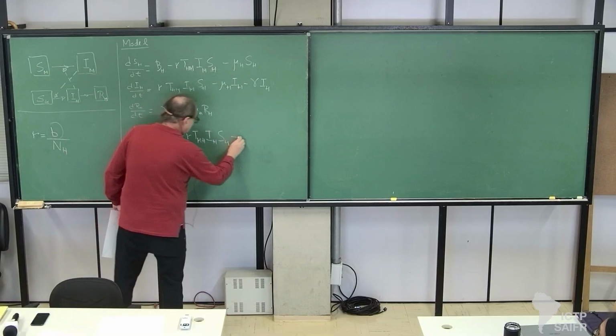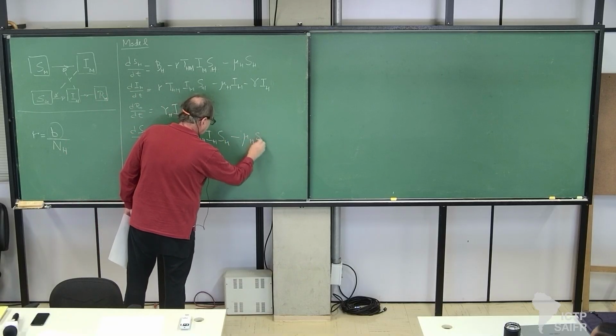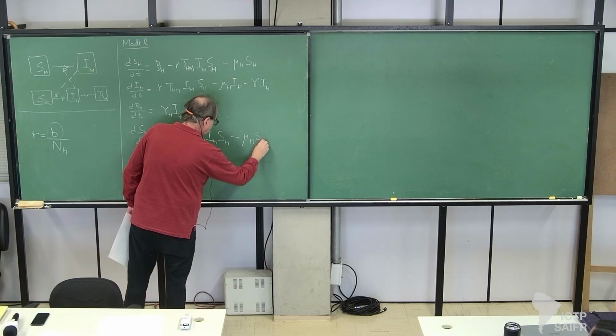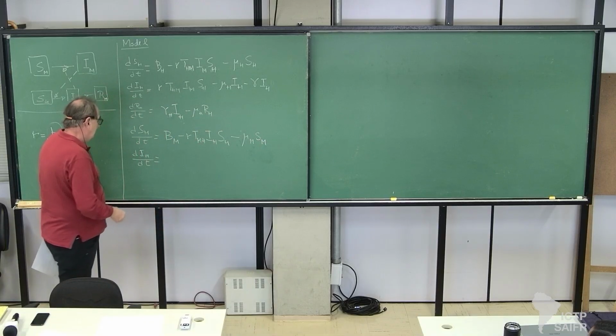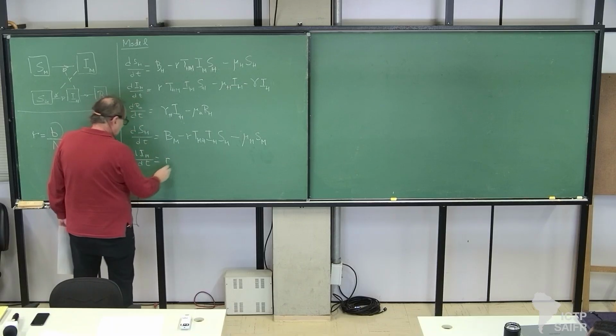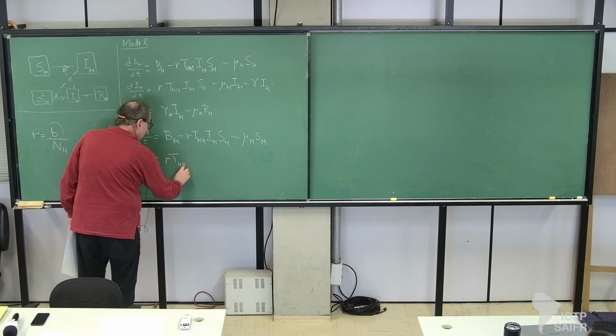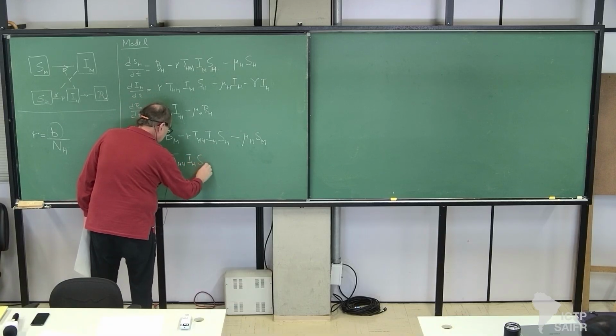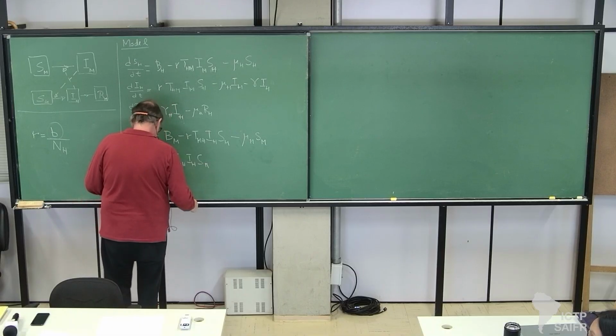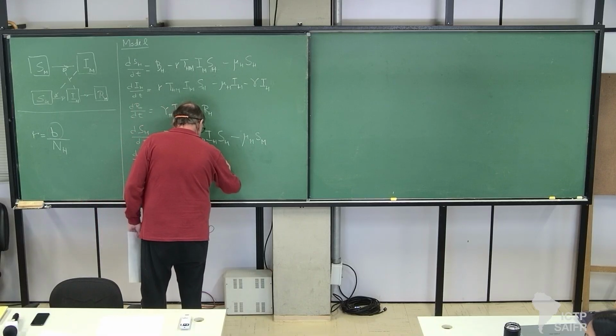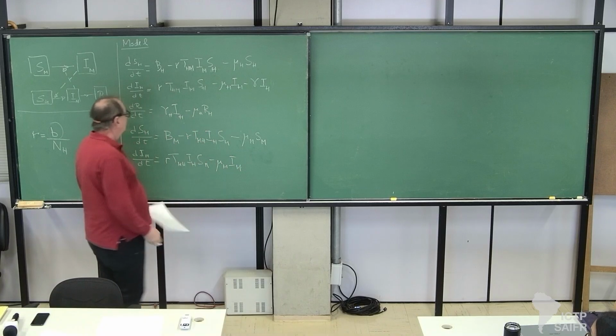And then there's the death rate of mosquitoes. And here you have the mosquitoes entering and leaving. That's 5 equations.